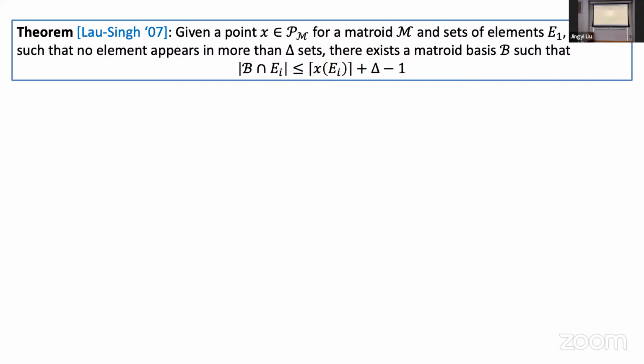So they prove that given a point in a matroid polytope and some sets of elements, E1 through ET, such that no element appears in more than delta of those sets, there's always a basis of that matroid which has at most the number of elements that x had fractionally, plus delta minus 1. So for spanning trees, these E1 through ET were just the vertices, sets of edges adjacent to each vertex, and delta would have been 2. So this gave you the plus 2 minus 1, the plus 1 bound. And the proof is essentially exactly the same for spanning trees and for any other matroid. So everything generalizes immediately.